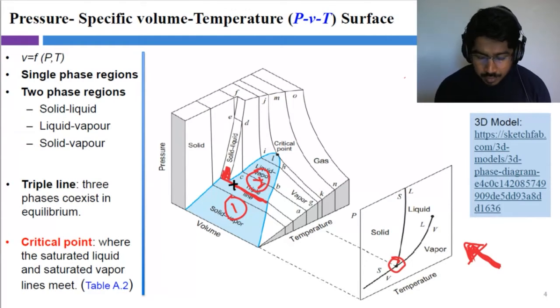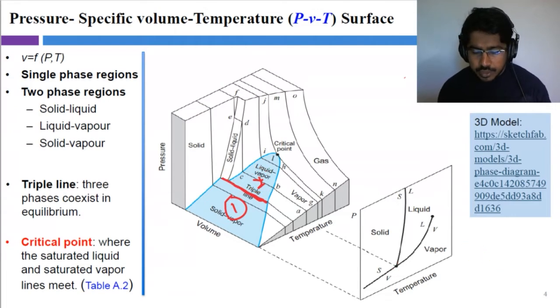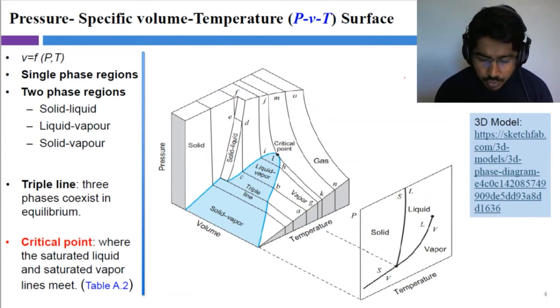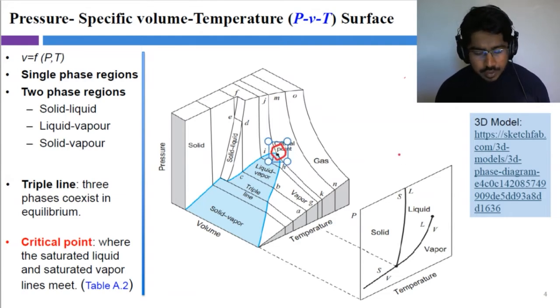Okay, perfect. Now we understand what the triple line is, right? In addition to the triple line and triple point, there's one more important point that we need to know, which is called the critical point. What is a critical point?